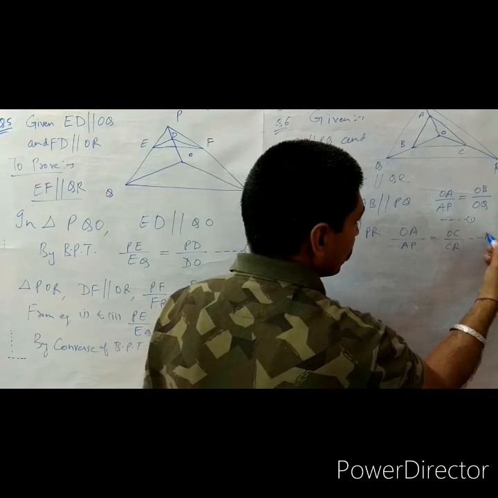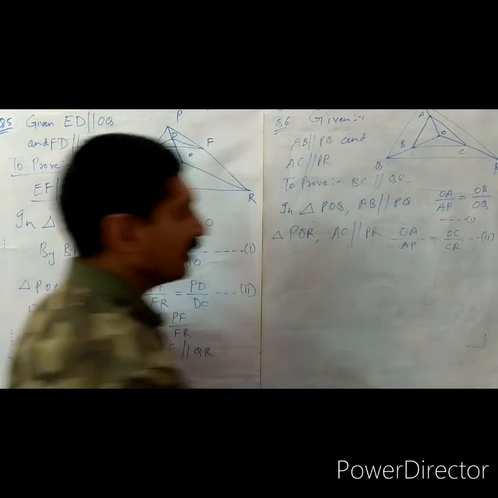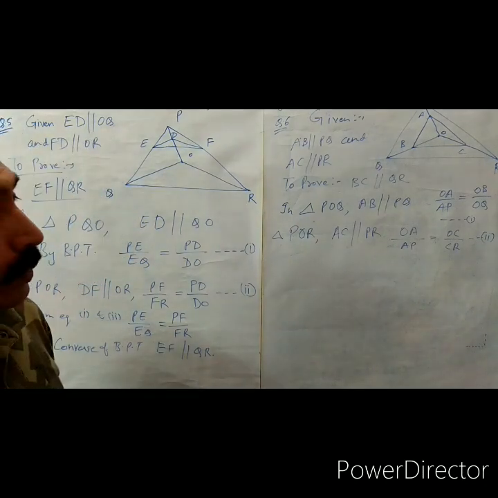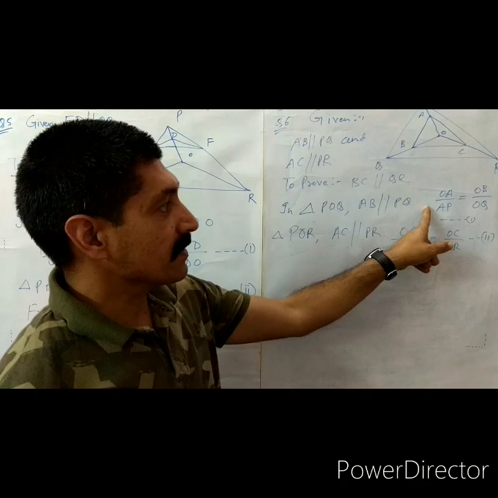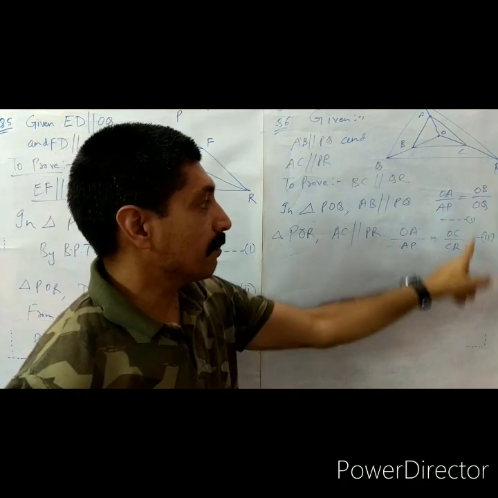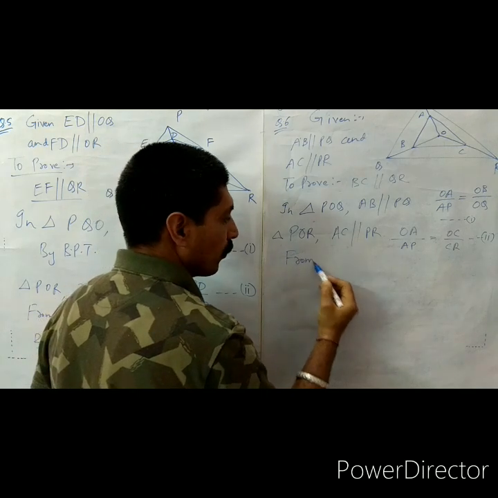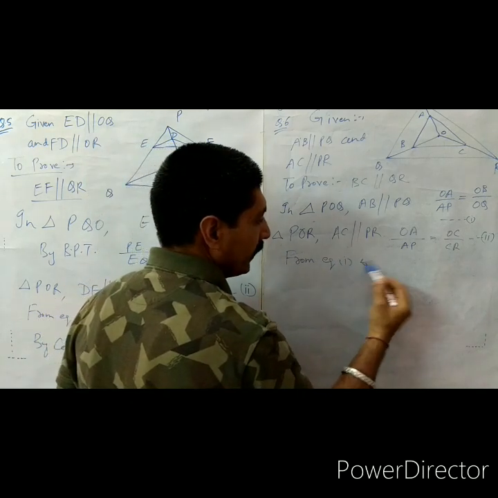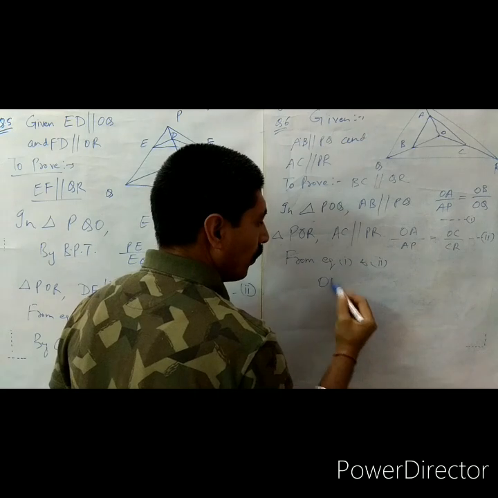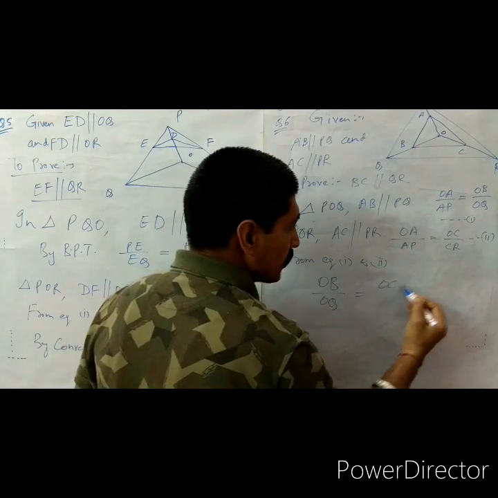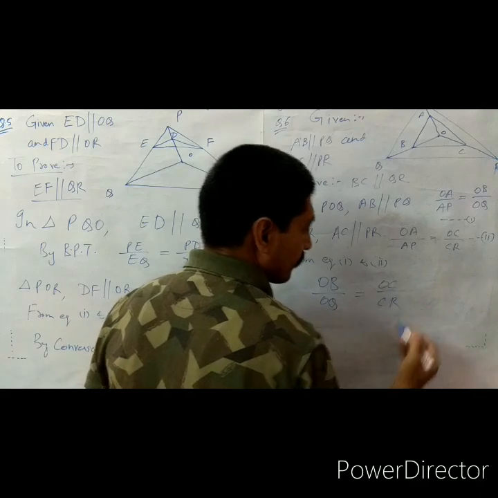This is equation number 2. Now from 1 and 2, left hand sides are same, so right hand sides must be equal. So from equation 1 and 2, we have OB upon BQ is equal to OC upon CR.